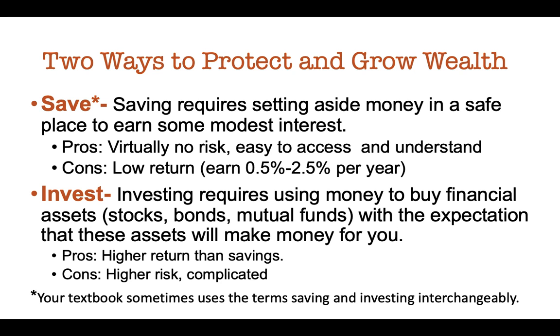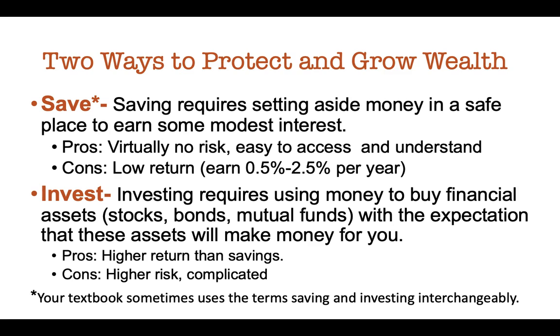So when using those different options, we're going to evaluate all of them according to those three criteria. But we break down the options into two main categories. The first is saving. I'm defining saving as setting money aside in a safe place to earn modest interest. I have a star here next to it because the textbook uses saving and investing interchangeably at the beginning of it.